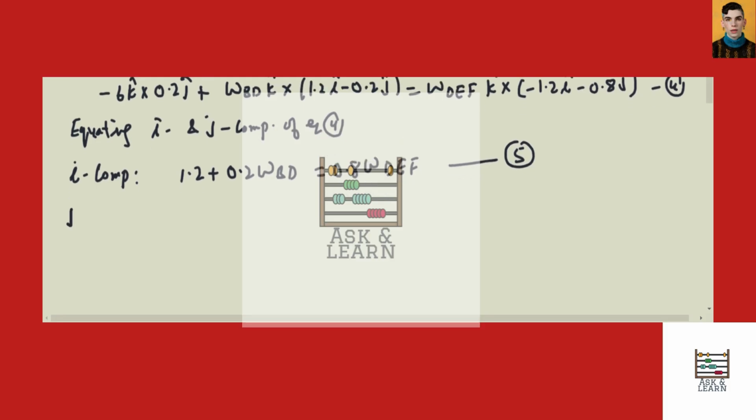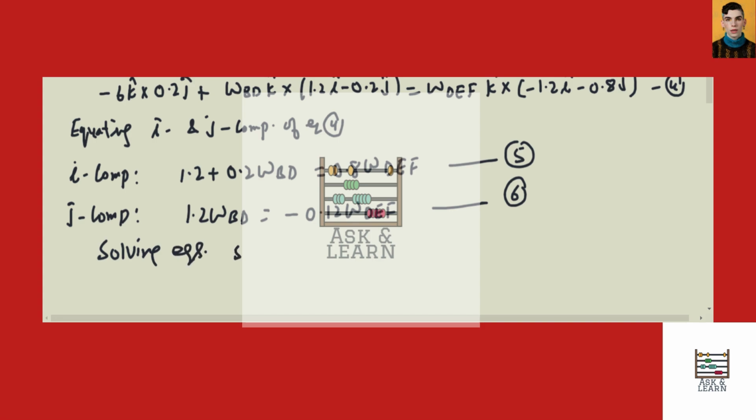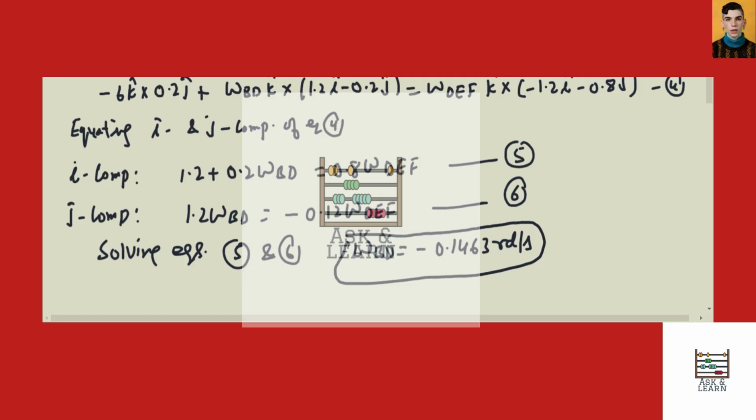Now if we equate the j component of the above equation, you will get 1.2 omega BD equal to minus 0.12 omega DEF, equation 6. Solving equations 5 and 6, omega BD is minus 0.1463 radian per second and omega DEF is 1.463 radian per second.